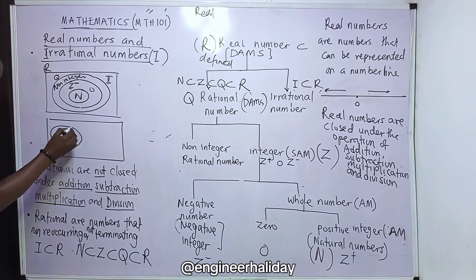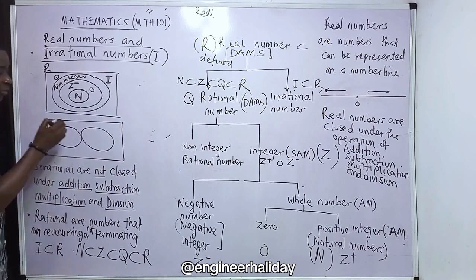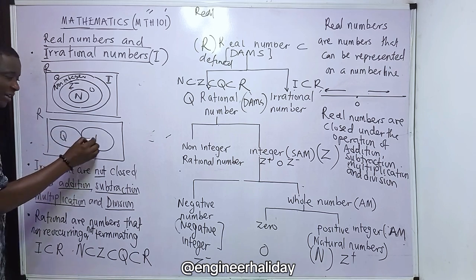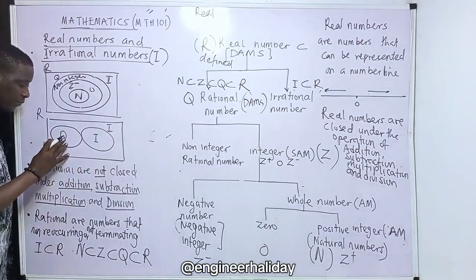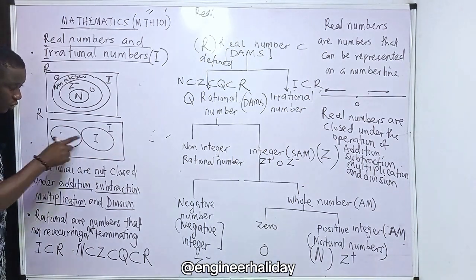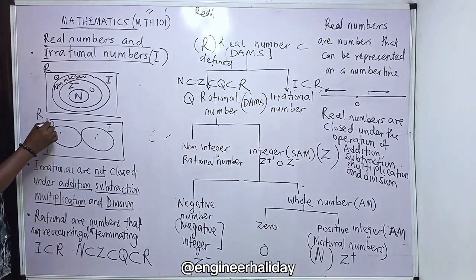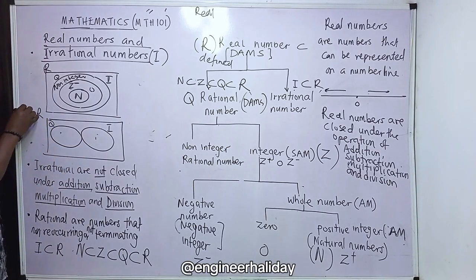Yes. Look at it. Rational number, which is Q, and irrational number, which is I, form what they call a disjoint set. The R will be your universal set. So please take note of that.